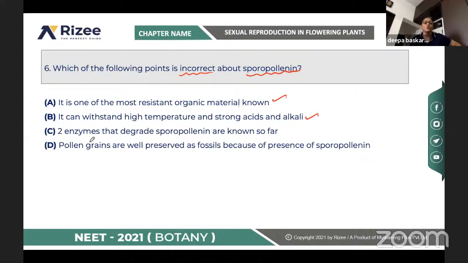Yes, this is also true. 2 enzymes that degrade sporopollenin are known so far. No, this is wrong. No enzyme can degrade sporopollenin. Pollen grains are well preserved as fossils because of the presence of sporopollenin. So the incorrect statement about sporopollenin is that enzymes can degrade it.